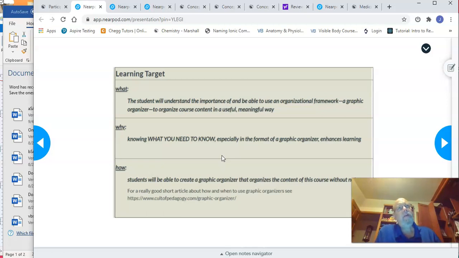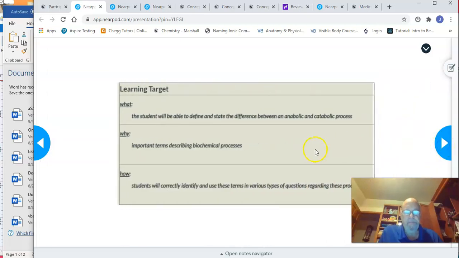If we can organize all the things you're going to learn about over the course of the year at the beginning, that's going to enhance your learning. And you will be able to create a graphic organizer that organizes the content of this course without notes. That's our goal. I've also given you a link to a really good short article about how and when to use graphic organizers. If you're interested in that, follow that link. It's a really good short article to help out. So I'm going to go to the next slide.